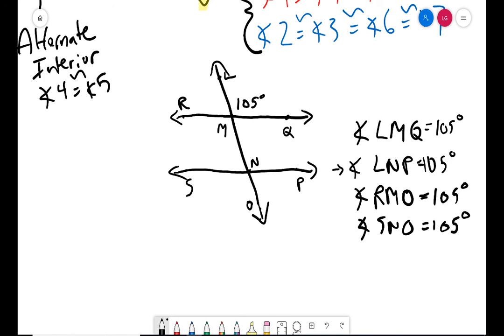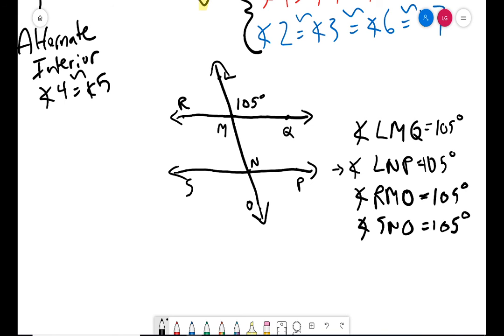Now, SNO is also 105 because it's an alternate exterior angle. RMN or RMO is also 105 because it's supplemental to the same angle. It's also alternate interior from LNP. Those are always congruent right there. It's also corresponding with SNO, which is 105 because these are alternate exterior. Right?